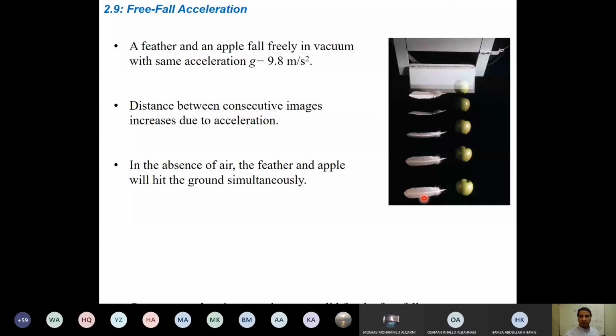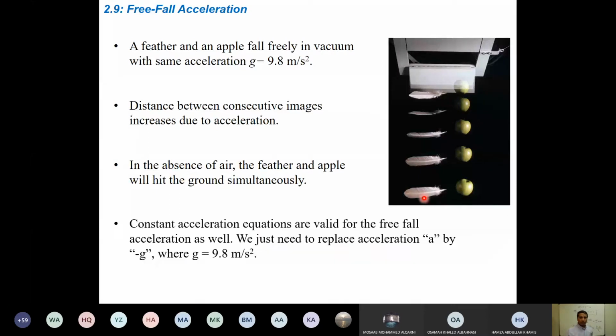Okay. One last thing to know more about this: the equations that we derived and showed you in Table 2.1 are exactly applicable as they are to the situation of free fall. But the only change you are going to make is in this equation as I'm putting here.